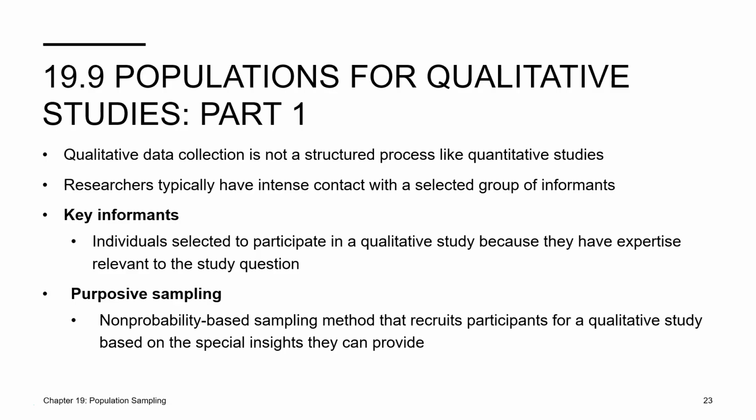And these may be key informants who are individuals selected to participate in a study because they have expertise related to the study question. A sampling method that may be used is purposive sampling, which is a non-probability sampling method that recruits participants based on special insights that they can provide.